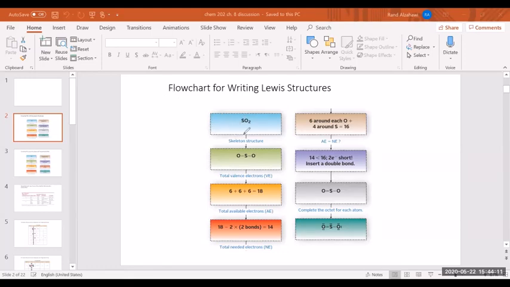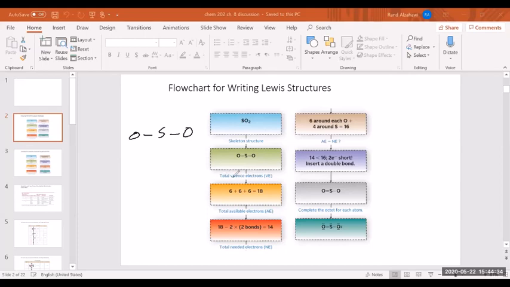We have this molecule, for example, SO2. Draw the skeleton structure. I know we already covered this in chapter 7, but I will go through it quickly. For the skeleton structure, we have the S, and we try to make a symmetric molecule, so O S O.